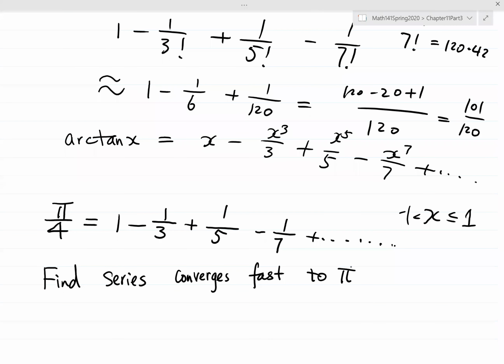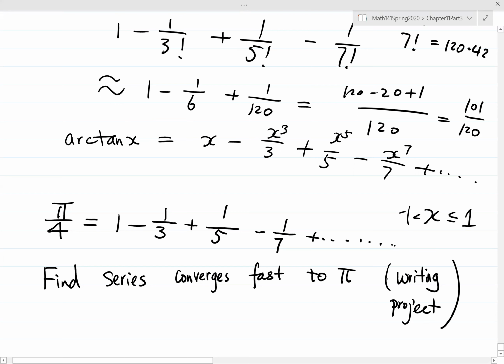So, writing project: find a power series that converges to pi. If you Google this, you should find a lot of power series that converge to pi. I think right now we already have the background. You know power series and Taylor series, so you can do a writing project on this. Really good writing project.